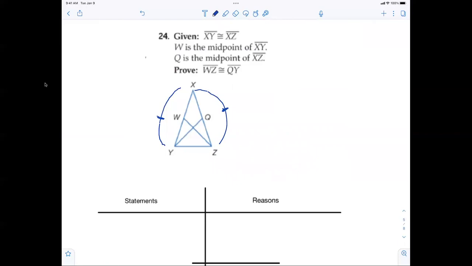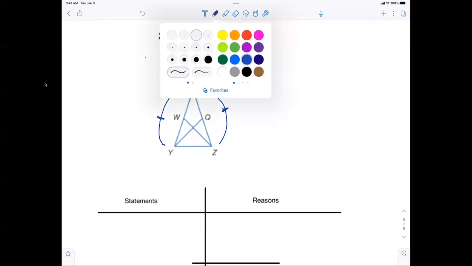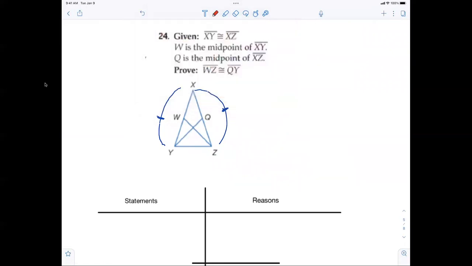So if W is the midpoint of XY, what is true? Say it again. XW is congruent to WY. And Q is the midpoint of XZ. So what's true?